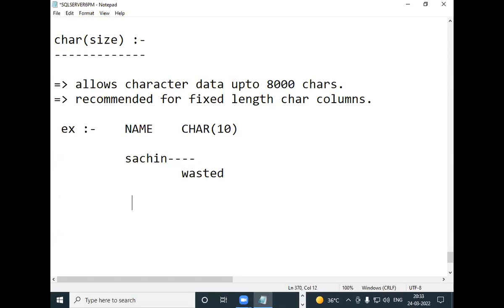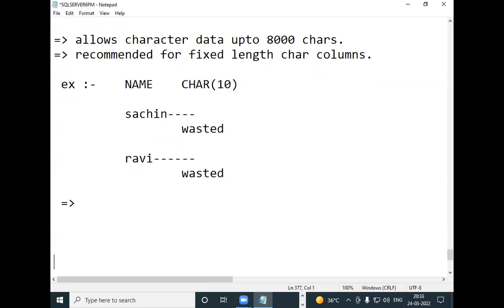Now take another name. For the second name also, SQL Server allocates 10 bytes. For every name, it allocates 10 bytes. Suppose you entered the name Ravi. This name takes 4 bytes. The remaining 6 bytes are wasted.